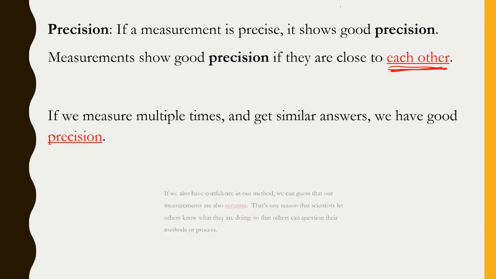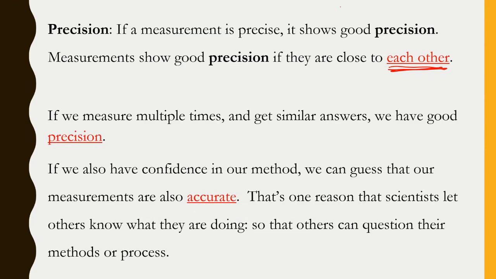Now, if we also have confidence in our method, meaning we're satisfied, we didn't just make something up as we were going along, we can guess that our measurements are also going to be accurate. That's one of the reasons that scientists let others know what they're doing, so that others can question their methods or process.